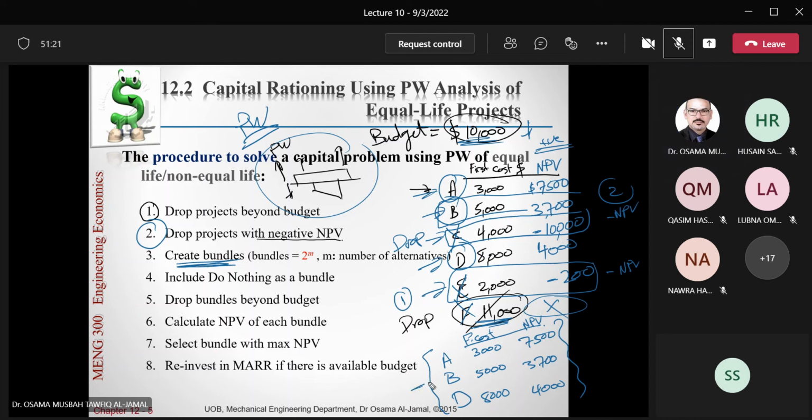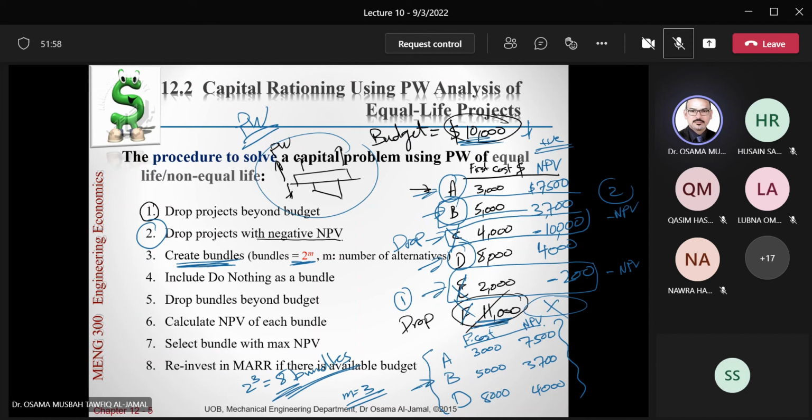How many projects are left? 3 projects, so M equals 3. 2 to the power 3 equals how much? 8. So we are supposed to have 8 bundles.